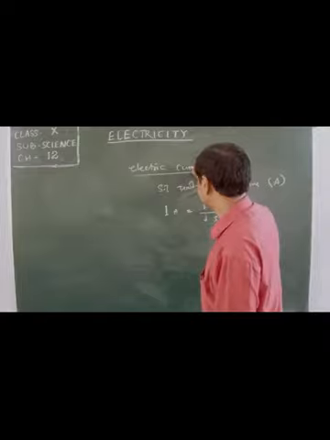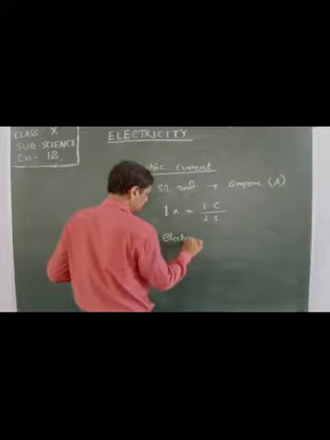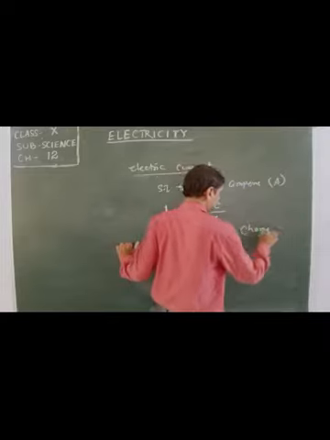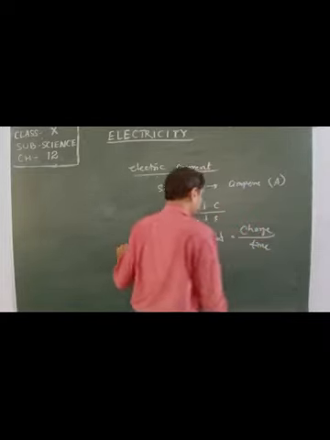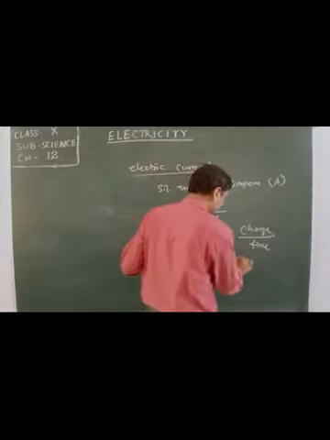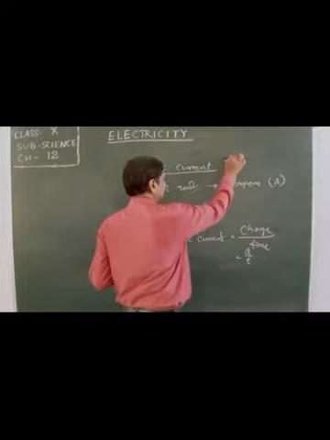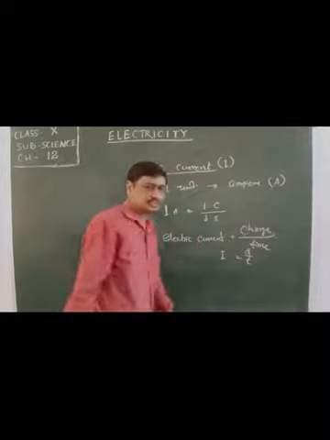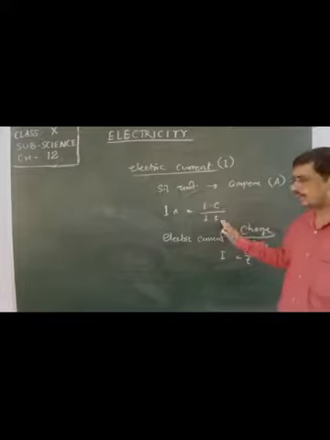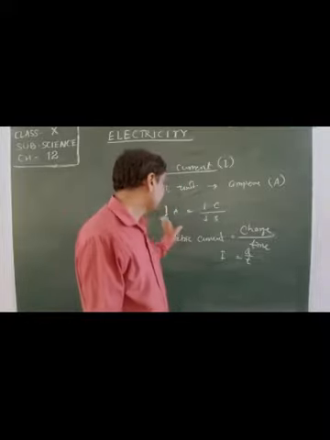Electric current is equal to charge by time. Electric current is denoted by capital I, so I is equal to Q by T. When 1 coulomb of charge flows through a conducting wire in 1 second, then the electric current is said to be 1 ampere.